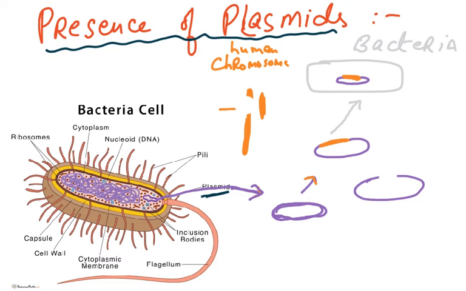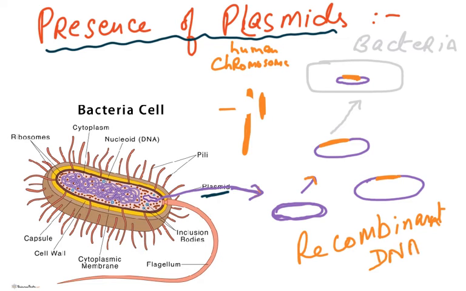Now this part I put here, and then I've used an enzyme to join it. This is called recombinant DNA. Recombinant DNA is a new combination of DNA, because some of it is bacterial DNA and some of it is human DNA. And now this recombinant DNA we are putting back into a new bacteria. We got it out of this one, and now we're putting it in a new bacteria.